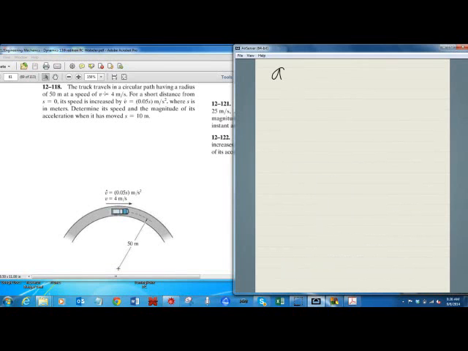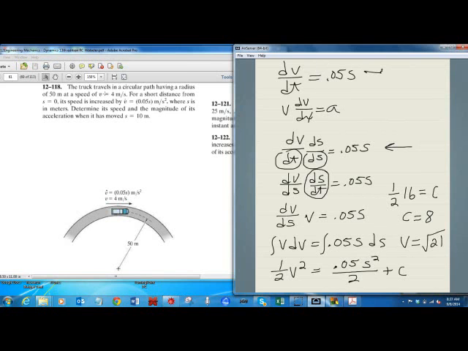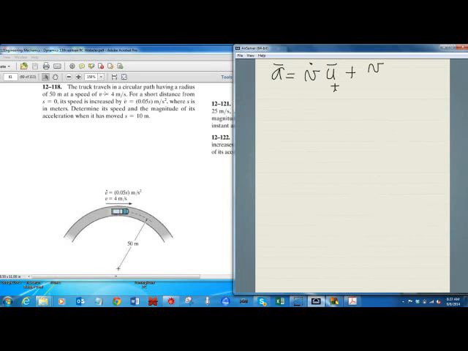Acceleration is equal to v dot in the tangent direction plus speed squared divided by radius of curvature in the normal direction.